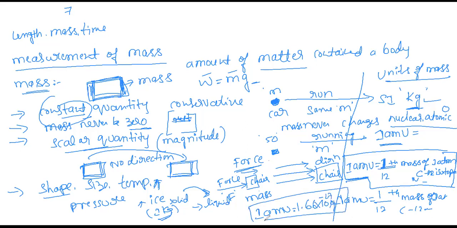These are the units of mass. Mass is nothing but the amount of matter contained in a body. Suppose it is a body, it has some matter, it has some mass, that is called mass. It is a constant quantity, it never changes.